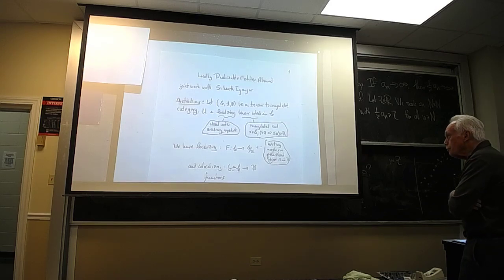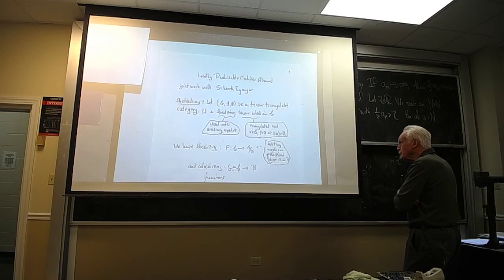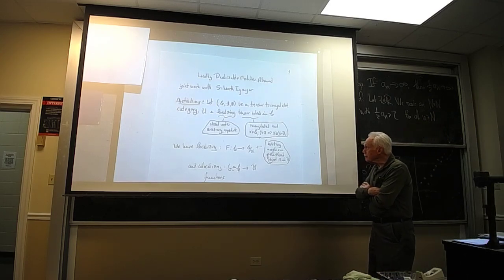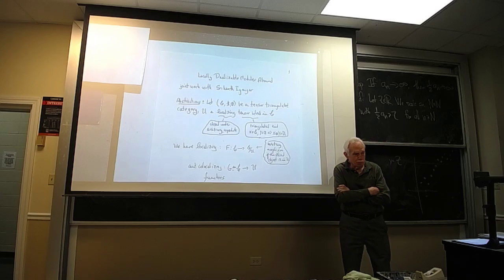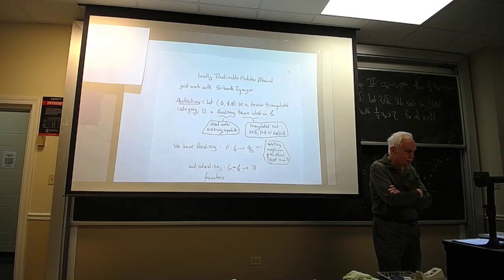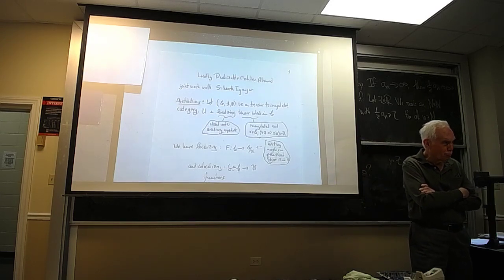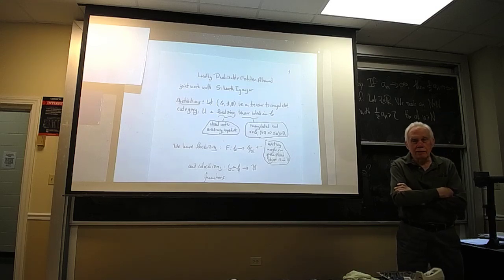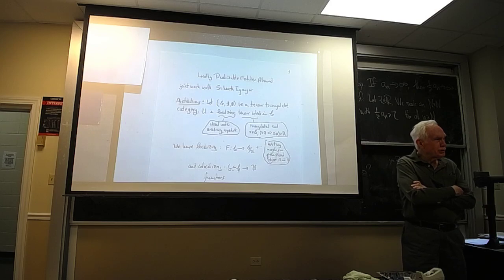I want you to be a localizing tensor ideal in C. What localizing means is that it's closed under arbitrary direct sums, coproducts, as it were. This is a surprisingly stringent condition.